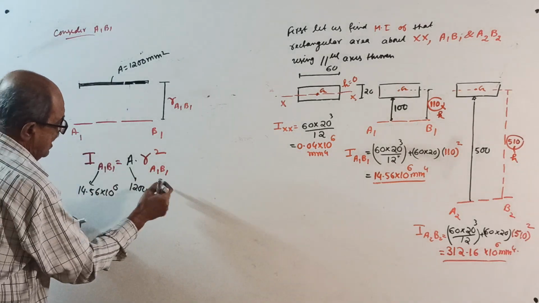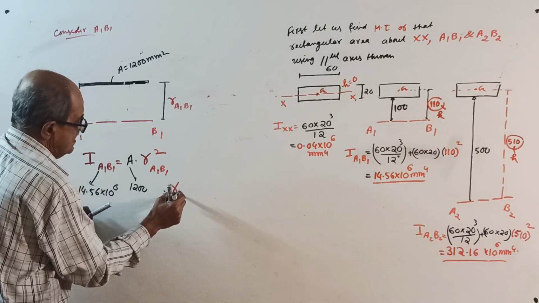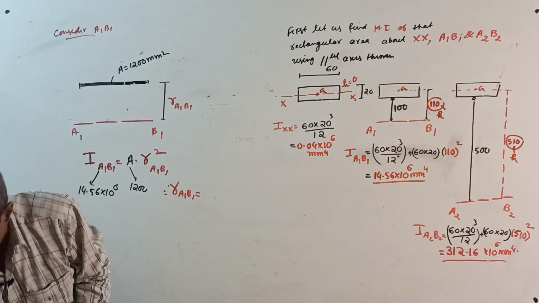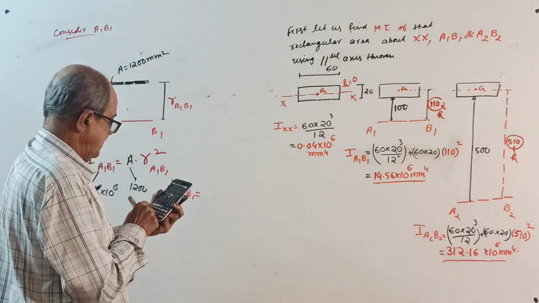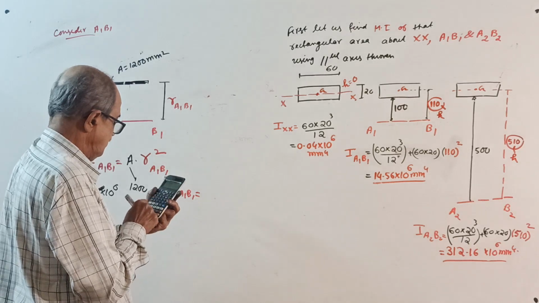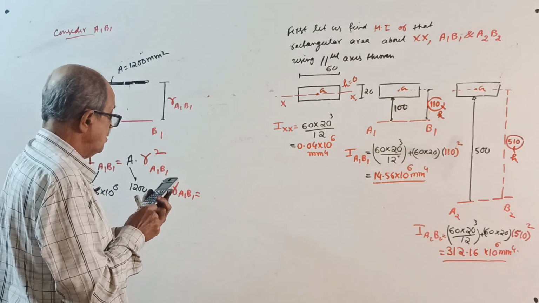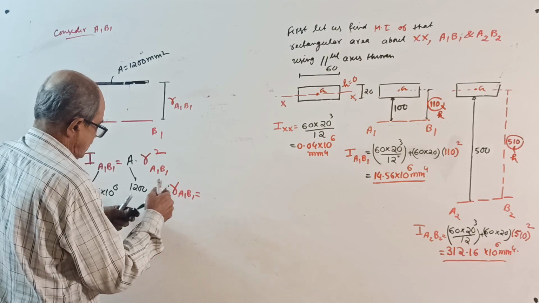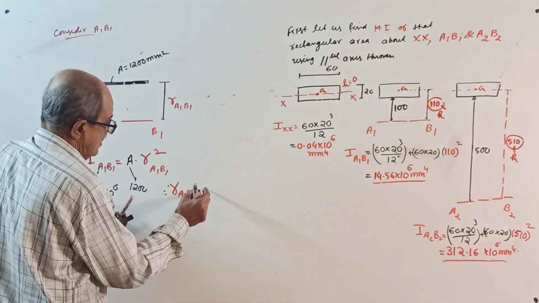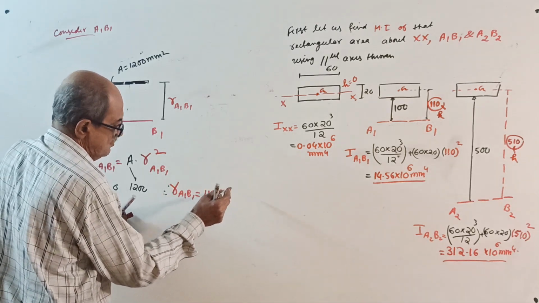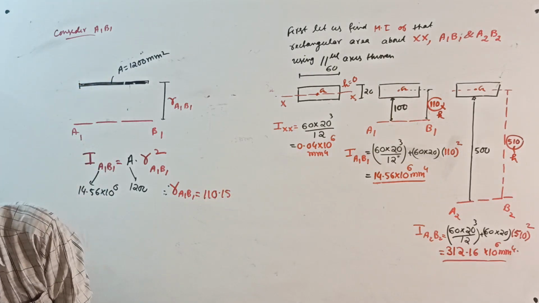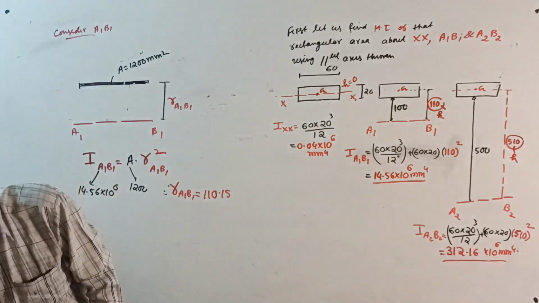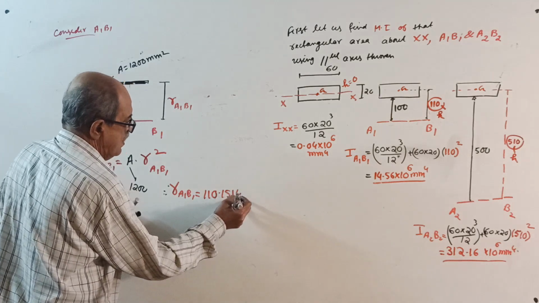Therefore R about A1B1 equals the root of 14.56 times 10 to the power 6 divided by 1200, which is 110.1514 millimeter.